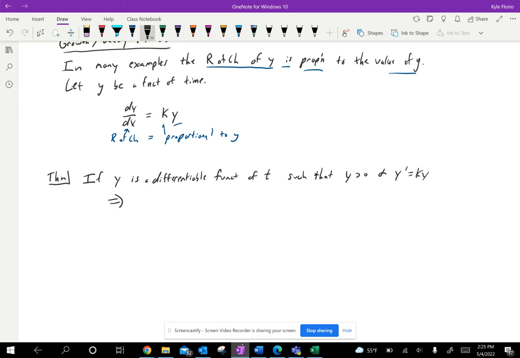Then the solution is y is just equal to some constant times e to the kt. C is going to be the initial value. K is what we call the proportionality constant.